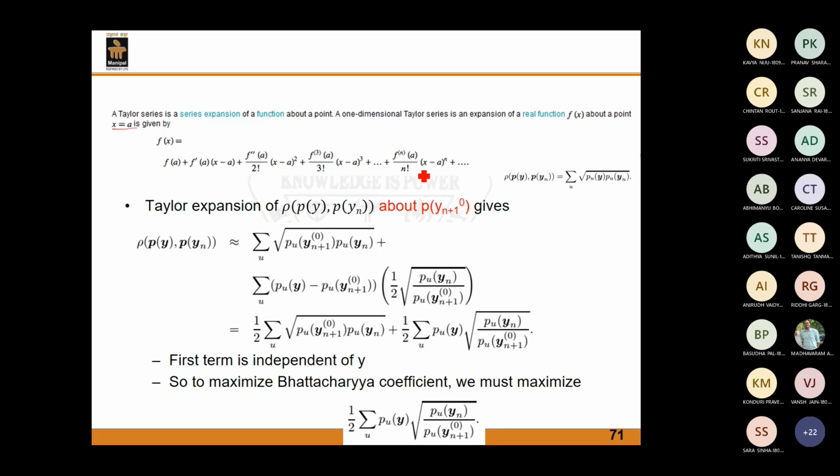In our particular problem, when using the Bhattacharya coefficient, you use the Taylor series expansion to expand it. But at the same time, you take only up to the first derivative and discard all that comes later. So you take only the first two terms over here and then try to simplify it.